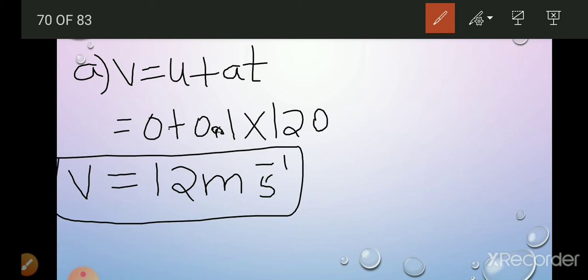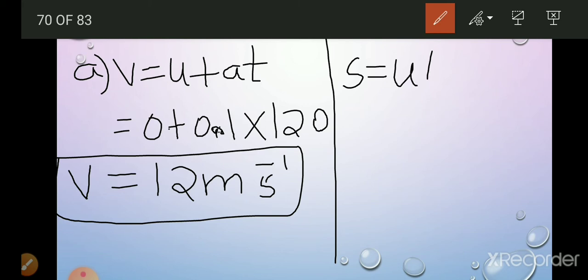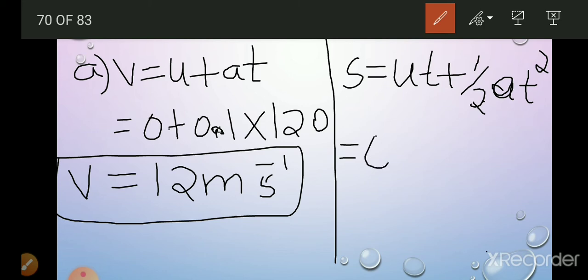Next we have to calculate s. So to find s, we have this equation, s is equal to ut plus half at square. So if you substitute u is equal to 0, therefore ut is 0, plus half a, which is 0.1, into t square.